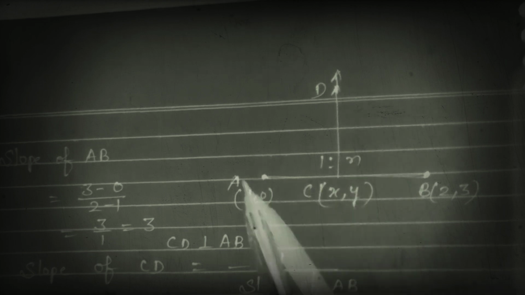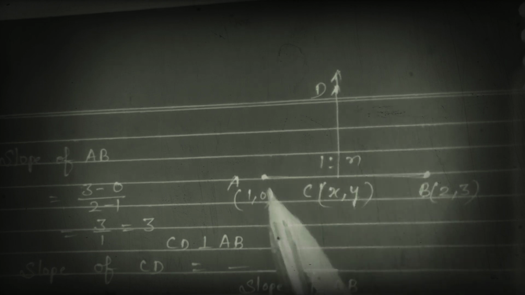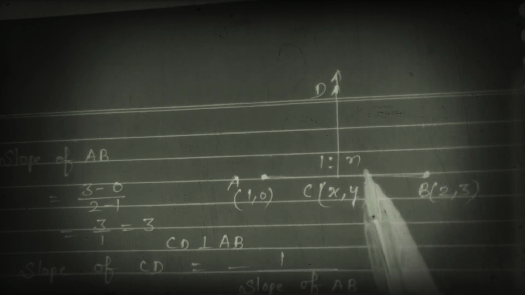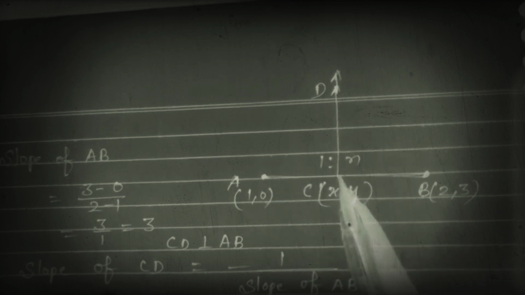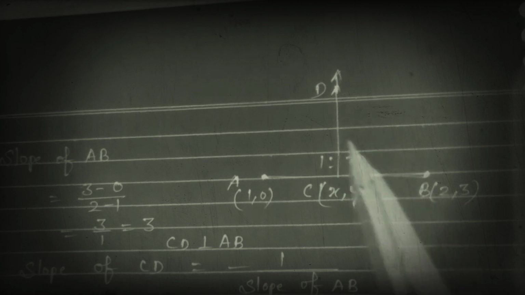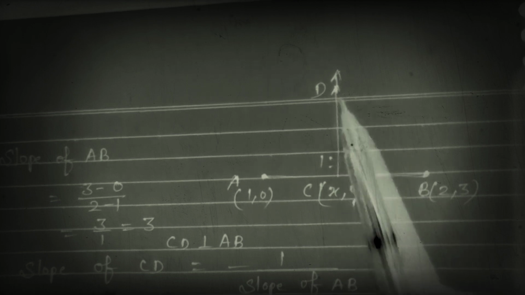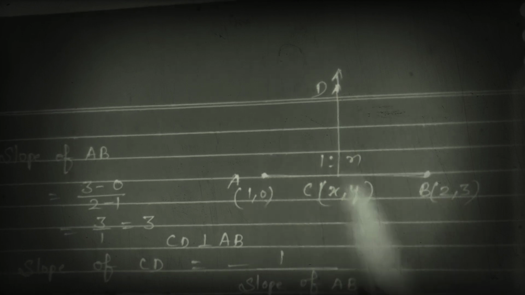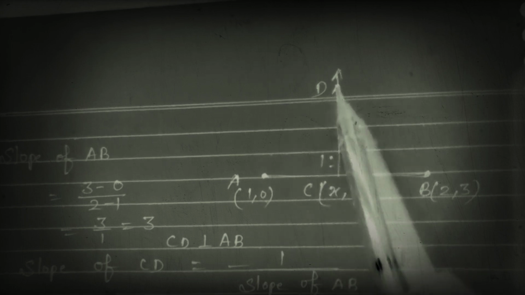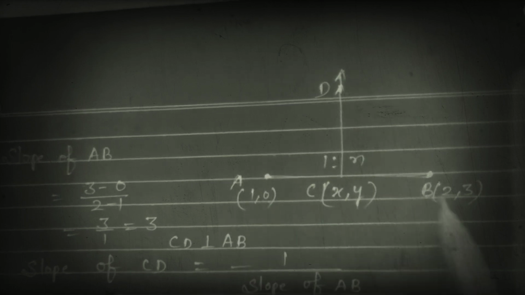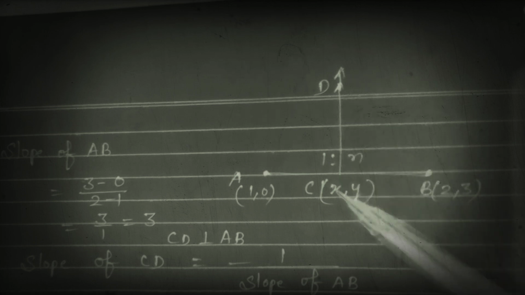This is perpendicular on this and it divides AB in the ratio 1:n. So if this is perpendicular on this, then we can find the slope of this line. Because this line is perpendicular on AB, slope of AB निकालकर हम इसका slope निकाल सकते हैं, negative of reciprocal.